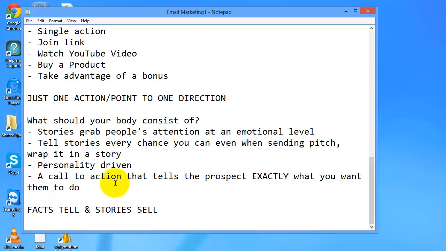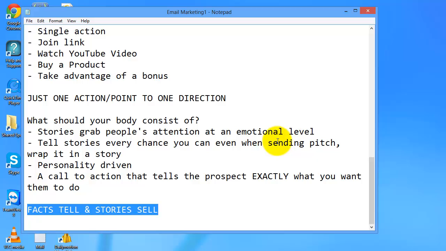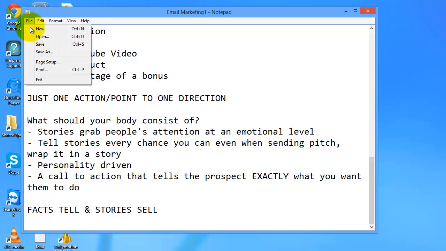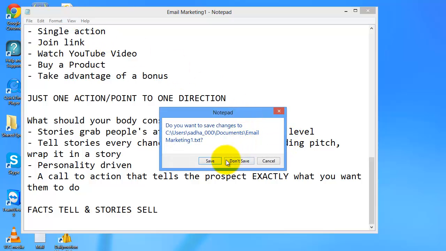You should be yourself, act like yourself, and not try to be someone else. Write the email as you speak. And lastly, we discussed that facts tell and stories sell. So it is always a good idea to tell stories and do your selling that way, right, my friend?